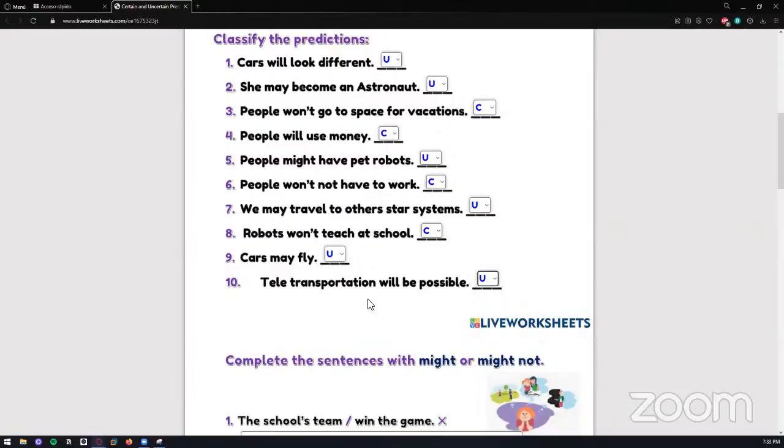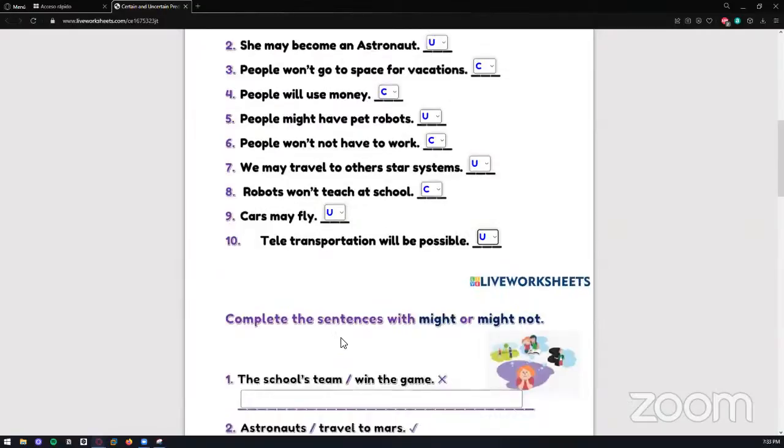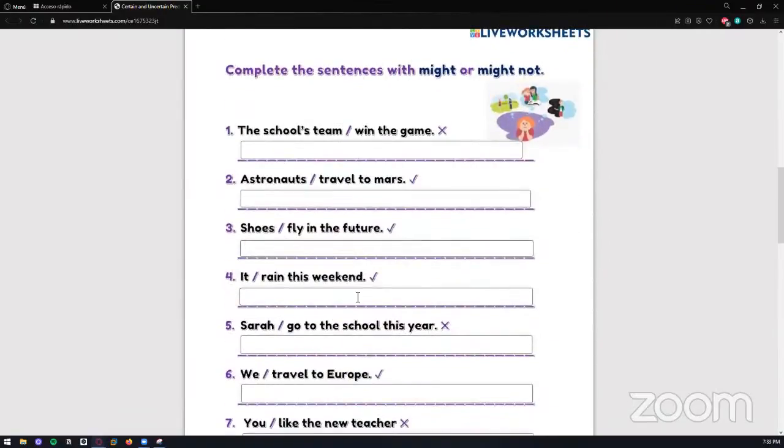Okay. All right. Let's jump to the next exercise. So there are at least 3 ways that we can answer, depending on the contractions. So let's see. The school's team might win the game. Okay.